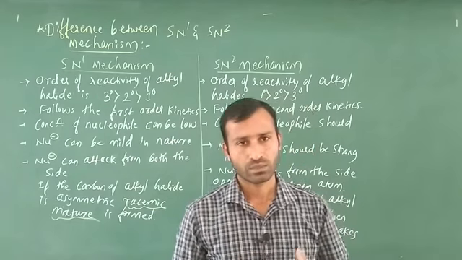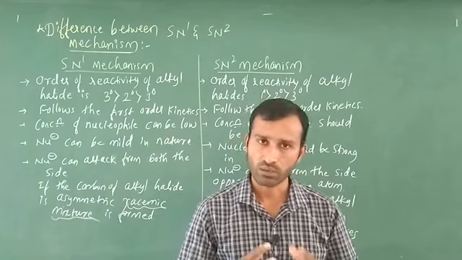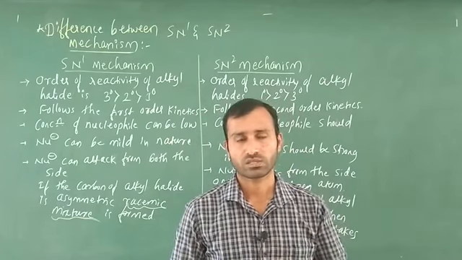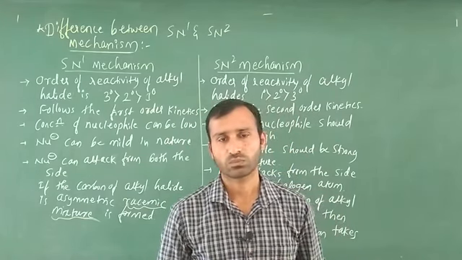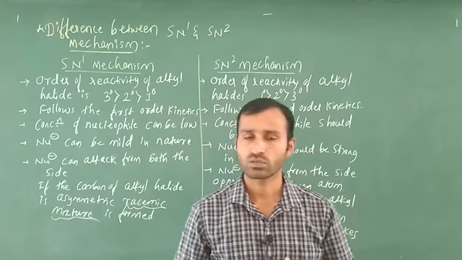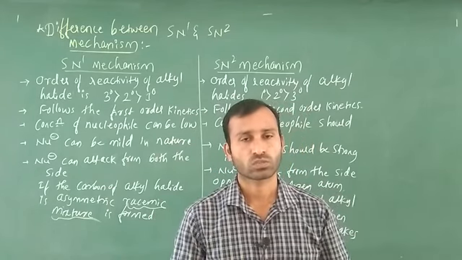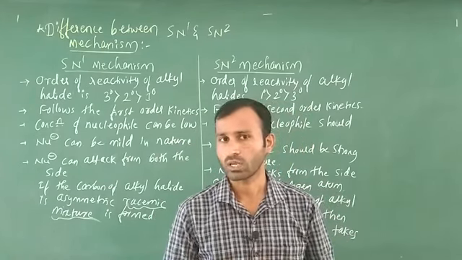Next, the important point is the stereochemical aspect of the SN1 mechanism. In the stereochemical aspect, there is a formation of two products: one is d, another one is l, small d and small l. d indicates dextrorotatory and l indicates levorotatory.